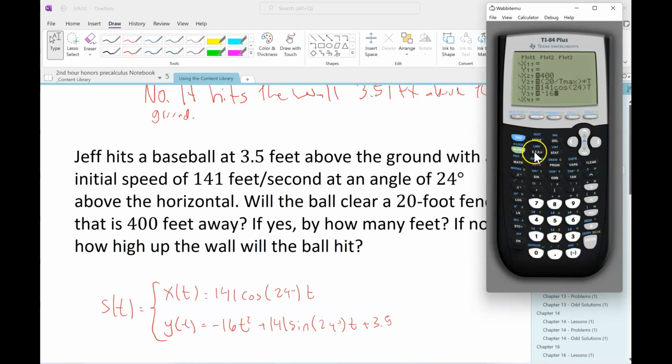There we go. Change my window there a little bit. We gotta make that 450.